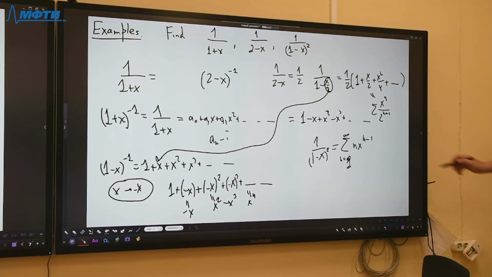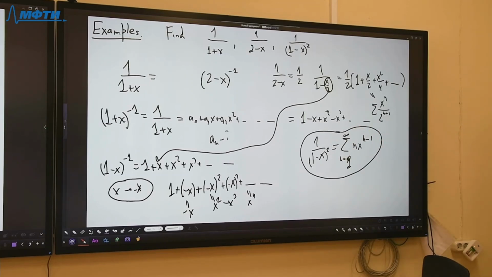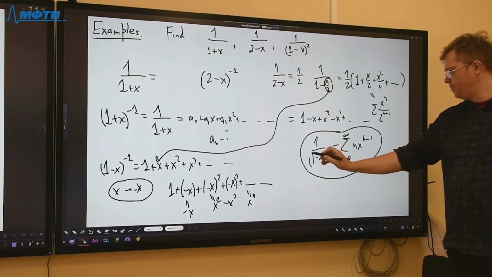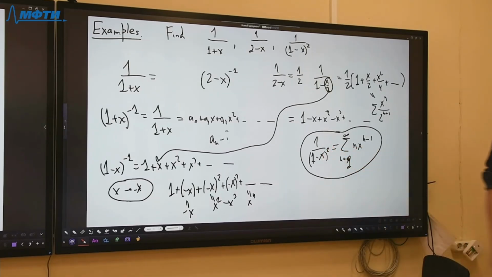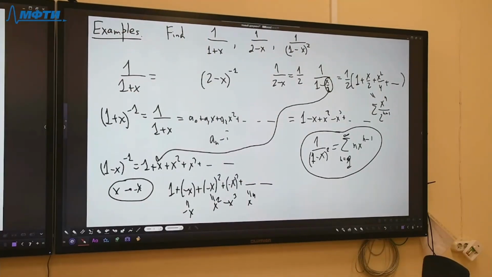And how do you get this one? Because if you know it from calculus, then you can explain how to calculate it from calculus, but if you don't remember, yes.